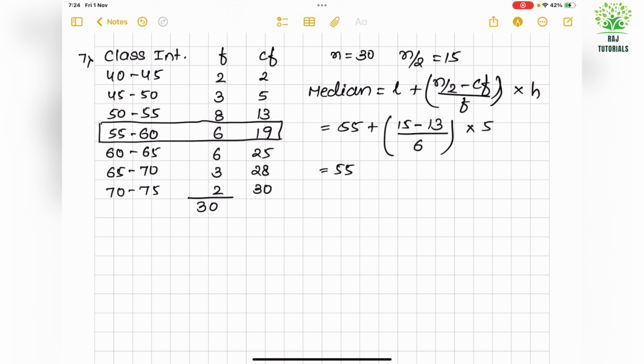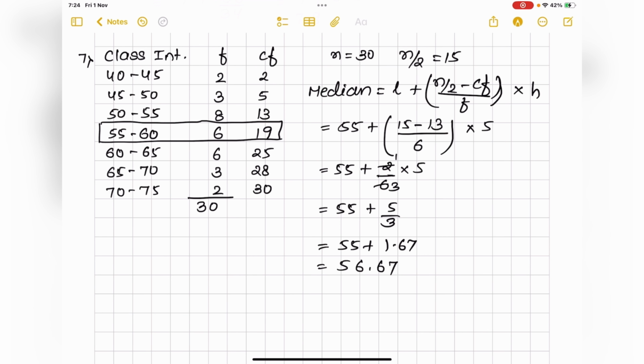So this will be 55 plus 2 by 6 into 5. So this will be 55 plus 5 by 3. So 5 by 3 if I find, it will be 1.67. So this will be 56.67.